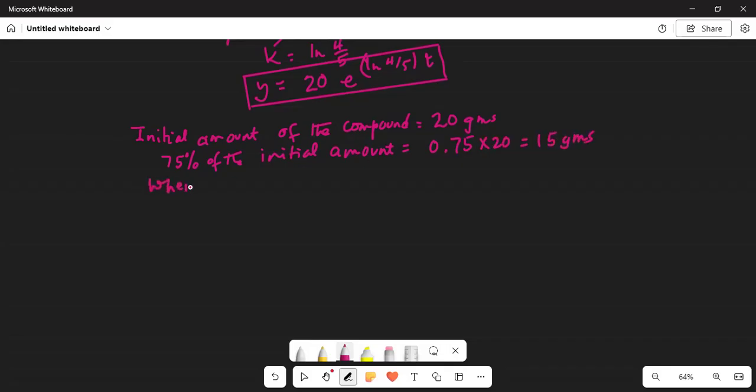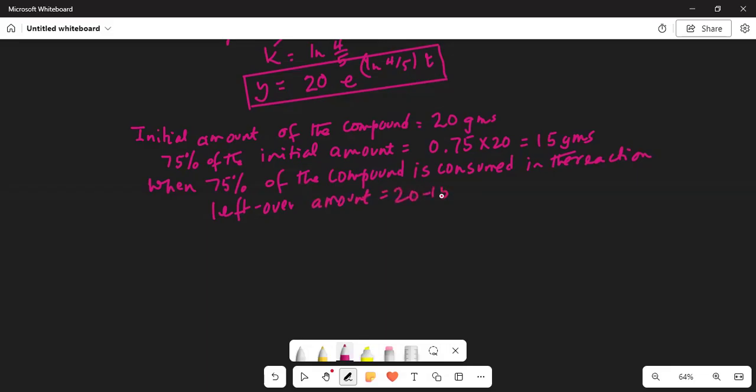When 75% of the compound is consumed in the reaction, the leftover amount is 20 minus 15, which is 5 grams. 5 grams. Now we will use the equation.